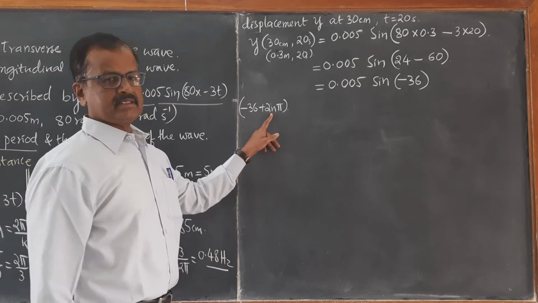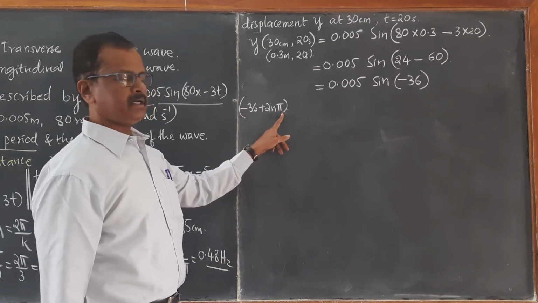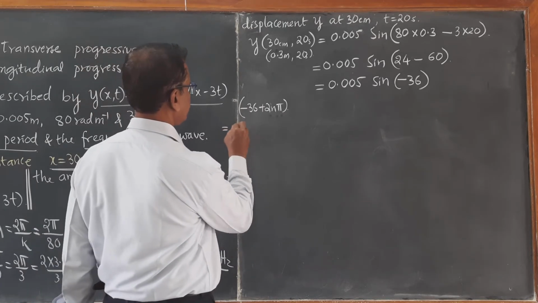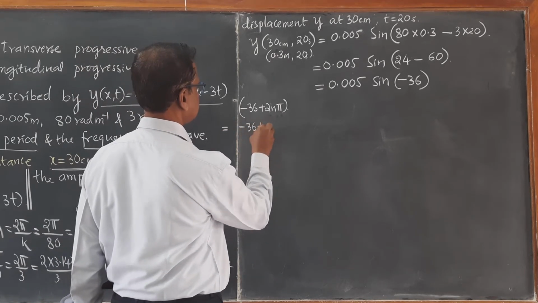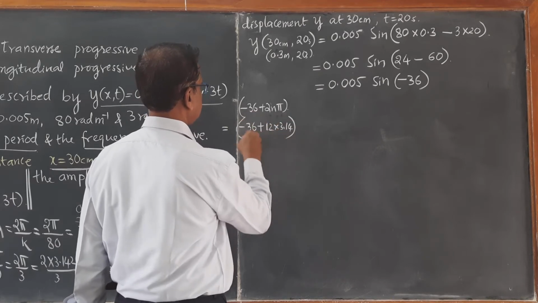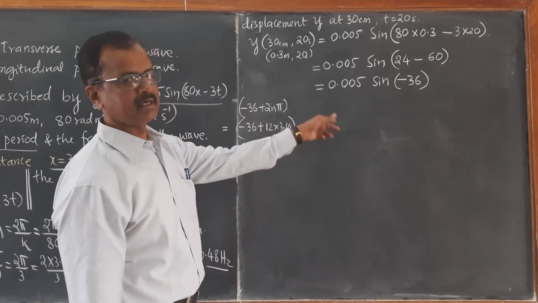So if you take this 2n pi as 12 pi, for example, 12 into 3.14, so minus 36 plus 12 into 3.14. 12 3s are 36, so it will be 36 point something.